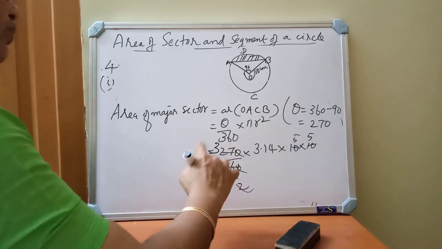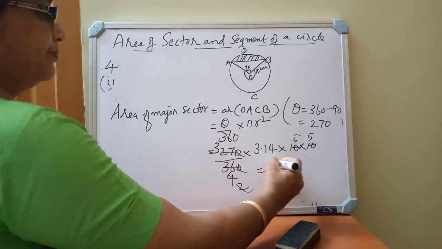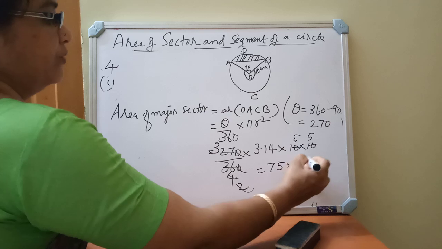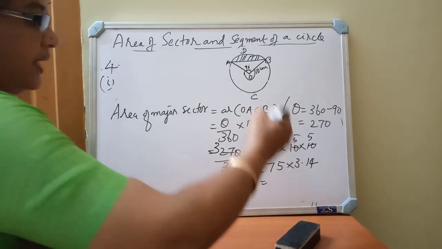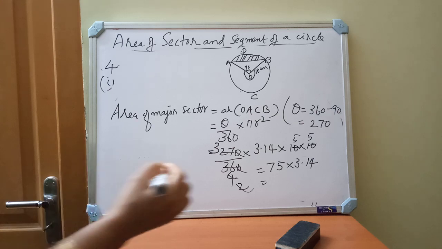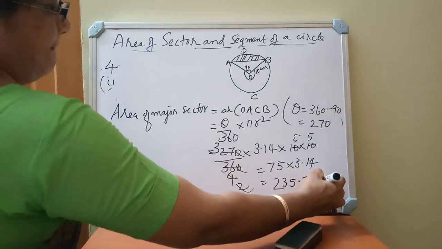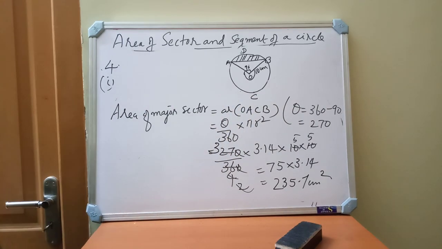So 5 5s are 25, 25 3s are 75 into 3.14. All of you multiply it and write the final answer. Are you getting that as 235.5? Check it, okay? Centimeter square.